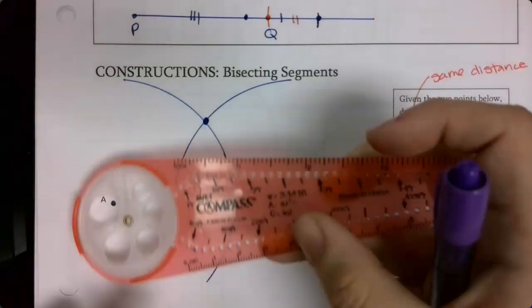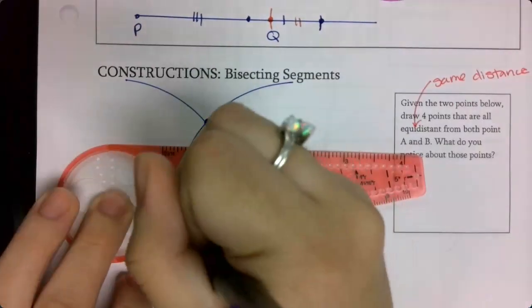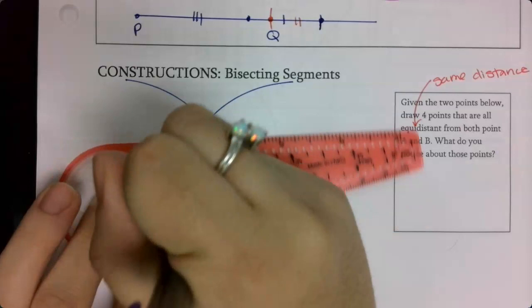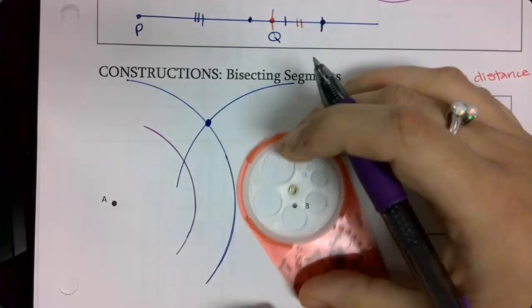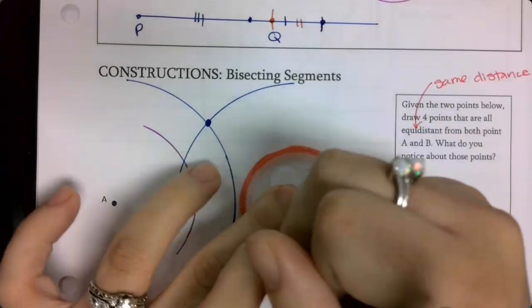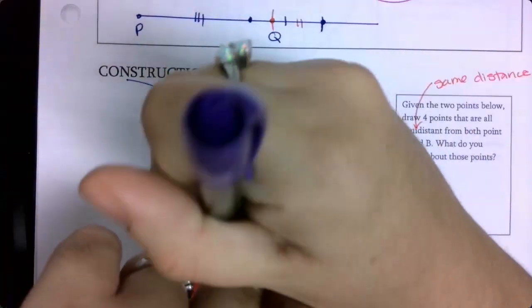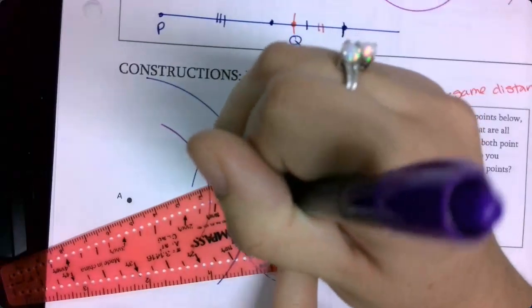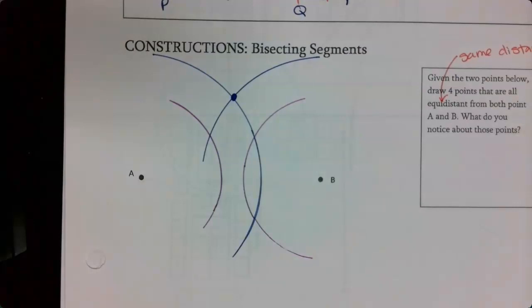Okay, I'm going to do this again. So I'm going to line up my golden piece on A, and I'm going to pick a different circle. I don't know if that was long enough. So, notice the 2 ones I picked don't line up, so that means I can't use them. They're not going to make a point because they're never going to cross.